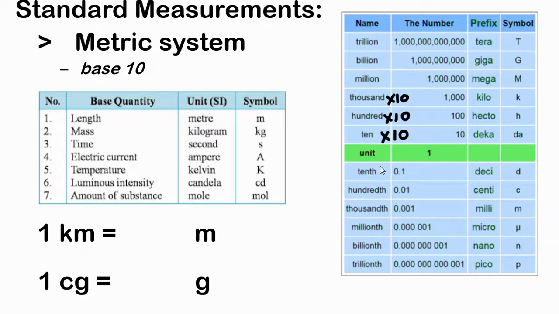The opposite is true. If I take 1 and divide it by 10, I'm now at 0.1 or deci. If I divide it by 10 again, so 1 divided by 10 divided by 10, I'm at 0.01 or hundredths or centi. And so it's just this pattern of 10 again and again and again all along the way, which makes it repeatable and easy to understand because you're just multiplying or dividing by 10 every time, unlike our imperial system, where there really is no relationship, right?